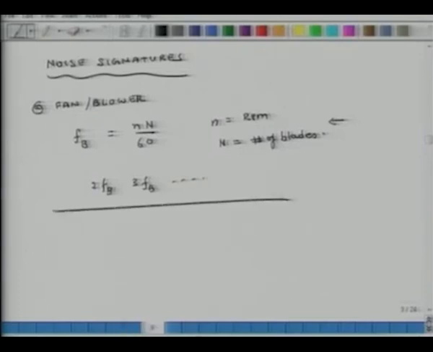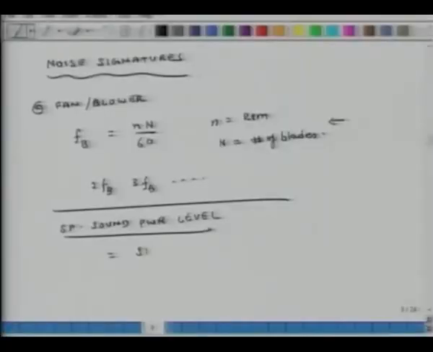LW, at this point we also introduce another term called specific sound power level. This particular parameter helps me compare noise characteristics of one fan with respect to another fan in a normalized way.